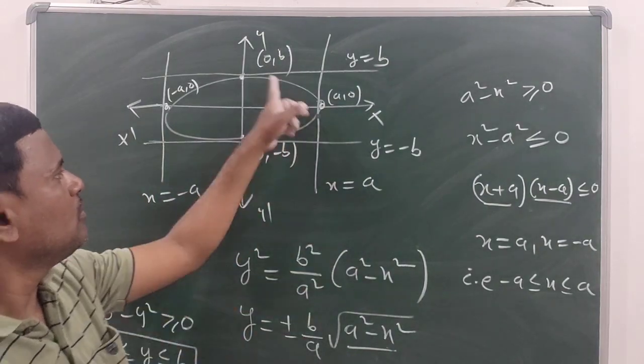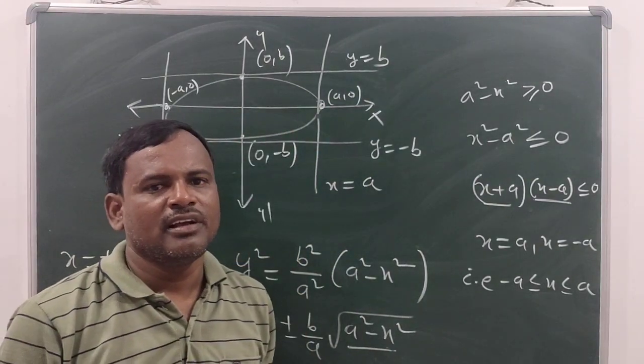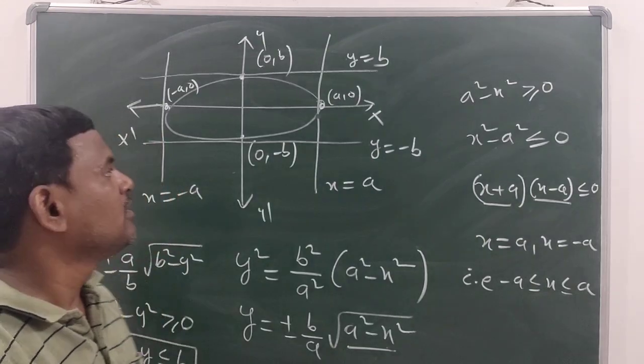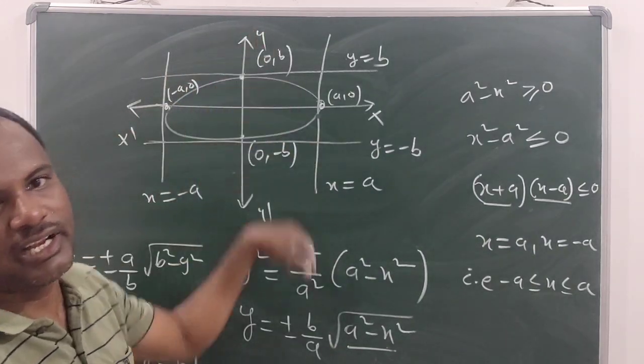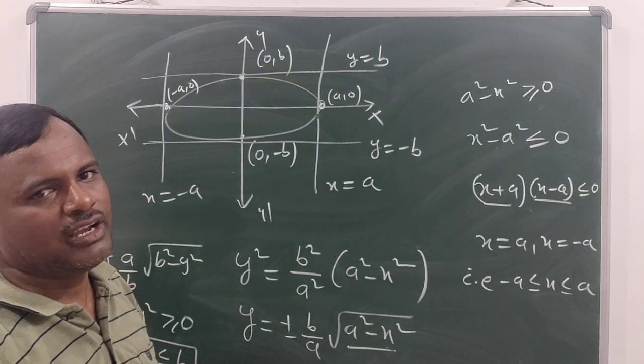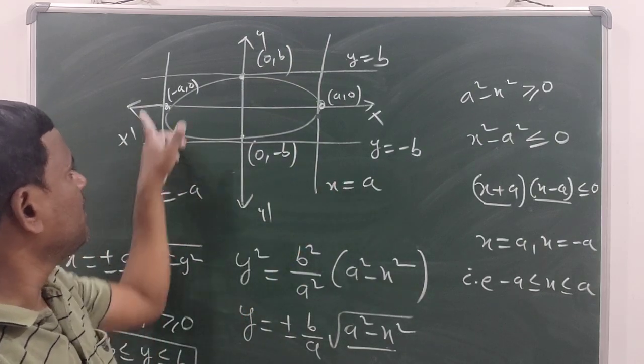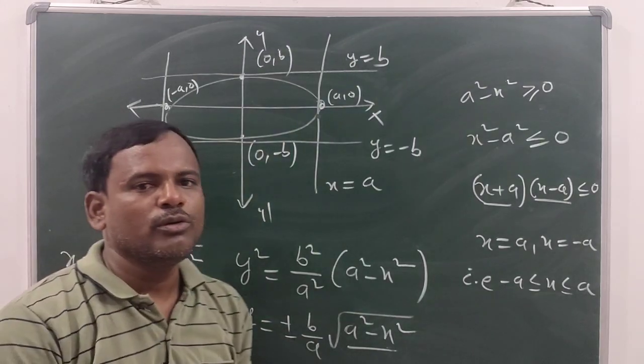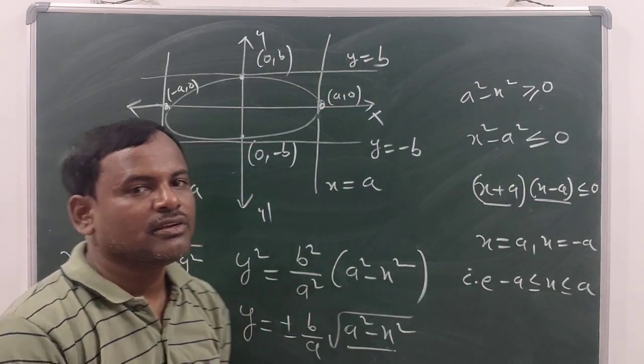Obviously this ellipse is bounded by these four lines, two horizontal and two vertical: x equal to a, x equal to minus a, y equal to b, y equal to minus b.